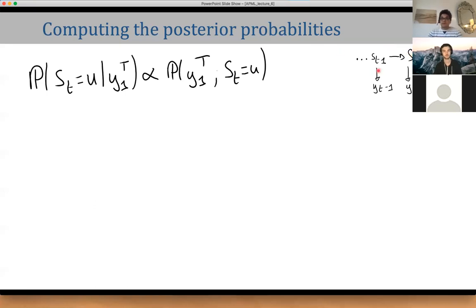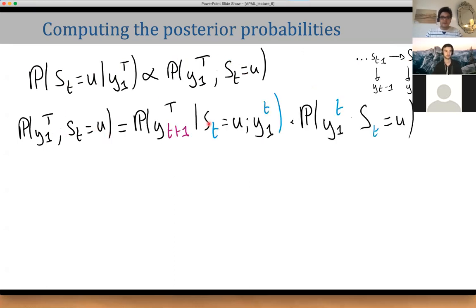And this is what we can use to compute the posterior probability. As usual, we don't compute the posterior directly. We first start from the joint because it's easier to manipulate. If we write the joint, we can divide the observation into the future observation and the past observation up to where we are.